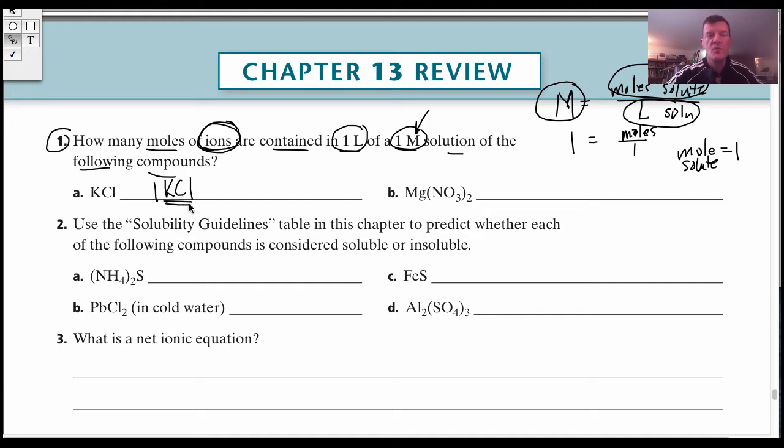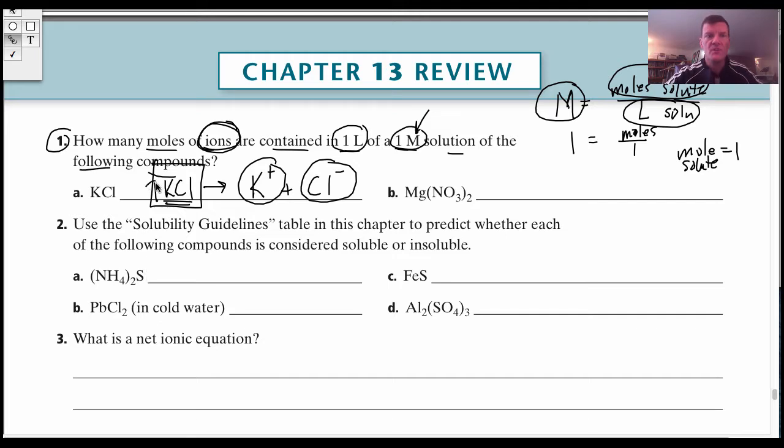But KCl, when it's dissolved, dissociates in water. So 1 mole of KCl, potassium chloride, is going to break apart into its ions, potassium cation and the chloride anion. So you get 2 ions for every 1 unit of that ionic compound.